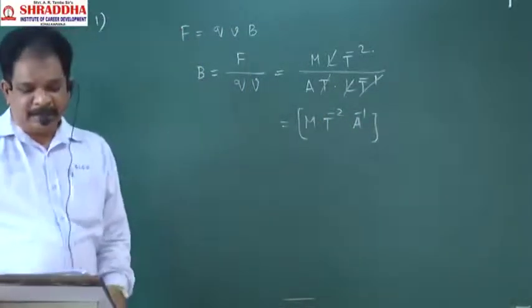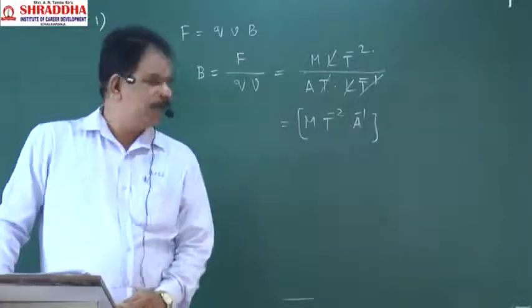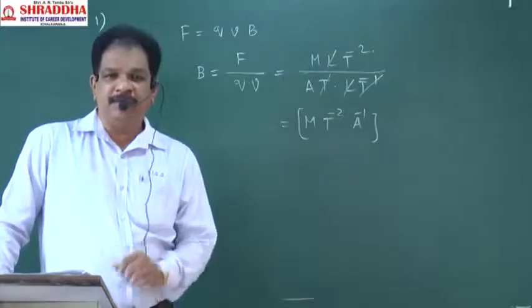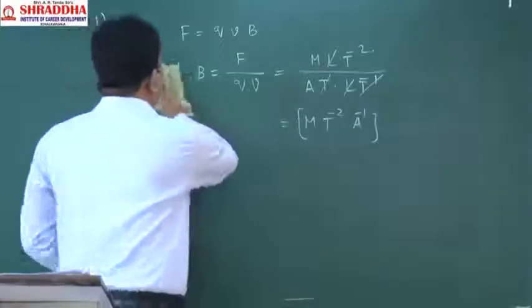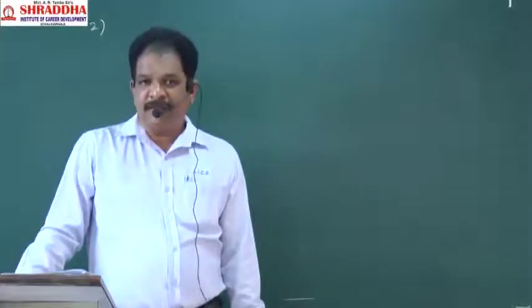That is the dimensional formula of magnetic field: M T power minus 2 A power minus 1. Okay, next, second question.